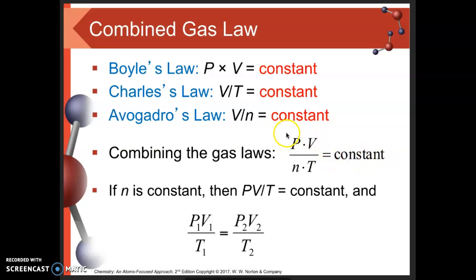And so this particular equation, this one right here, we're going to come back to that one later. This is something that we'll see in another video called the ideal gas law. We're going to focus on this one here at the bottom.